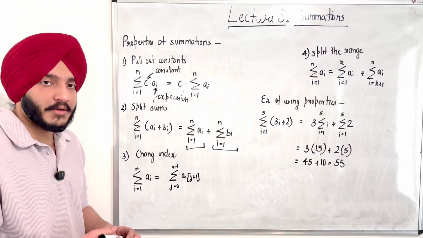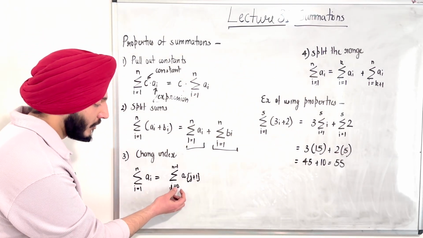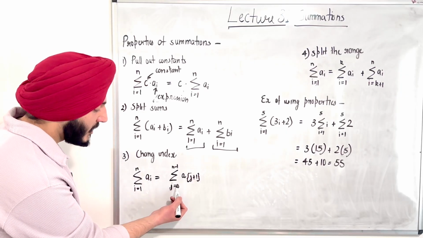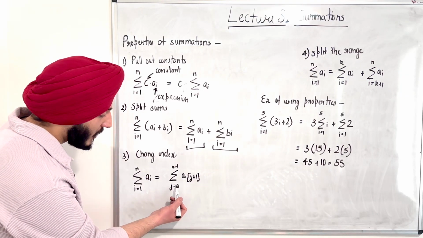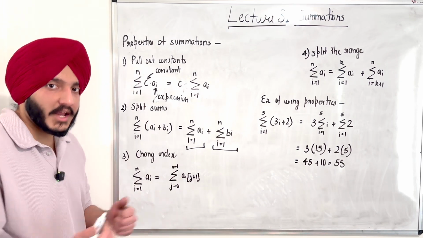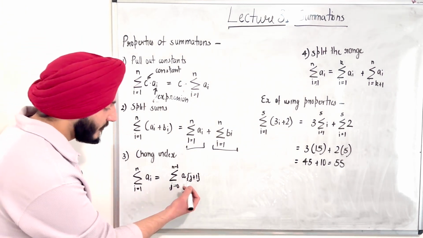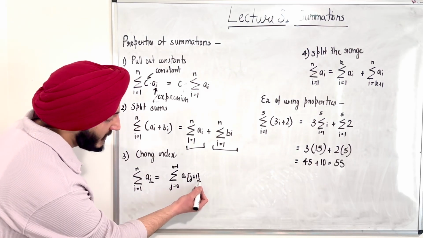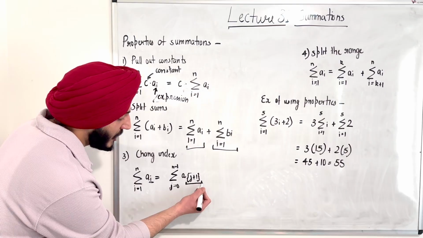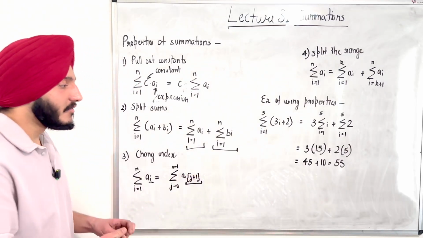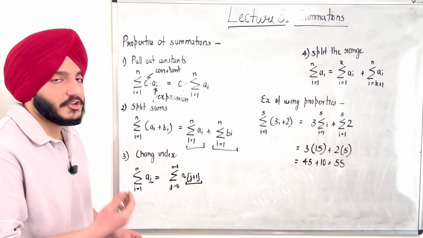But after changing the value to 0, I also need to make some other changes, right? So first of all, one change I made is now j is 0. I need to go only up till n minus 1 because I've taken a step back, right? Secondly, if you look at this carefully, earlier I had a_i, but in this case, I had to add a j plus 1 to the element in this case, right? It is pretty much the same thing. It's just that I've changed the index.